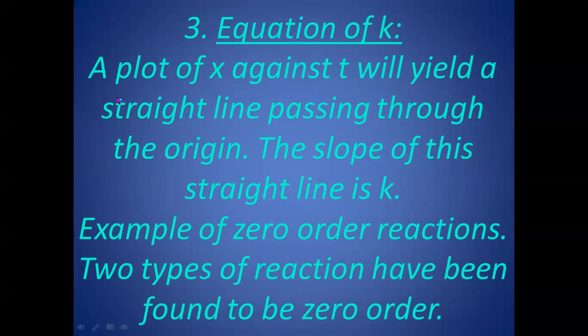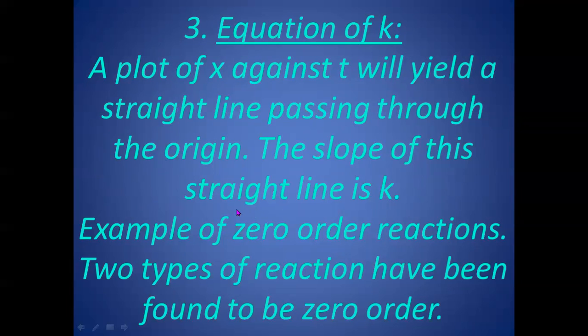We can plot a graph of x, that is concentration, against t, that is time. A plot of x against t will yield a straight line passing through the origin. The slope of this straight line is k.